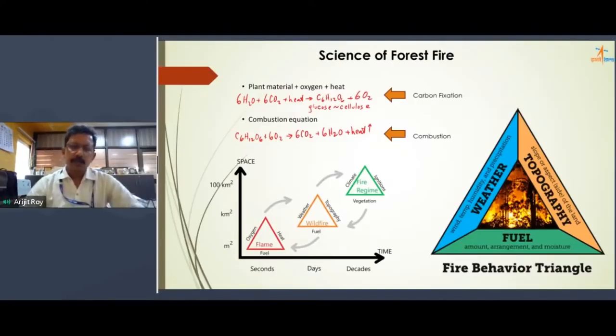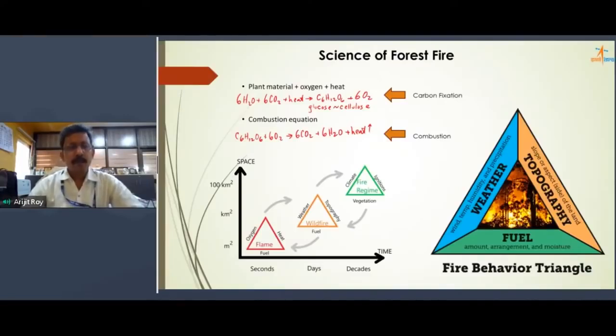Now, when we talk about wildfire in the context of the geospatial domain, if we plot fire activity in space and time, we have the flame, which is the basic unit of fire, covering an area of a few meters and lasting a few seconds, requiring oxygen, heat, and fuel.